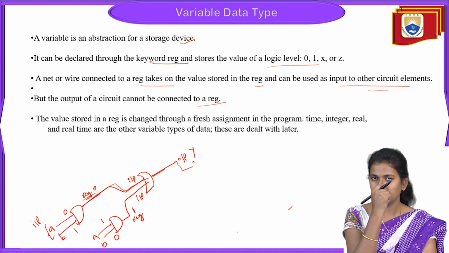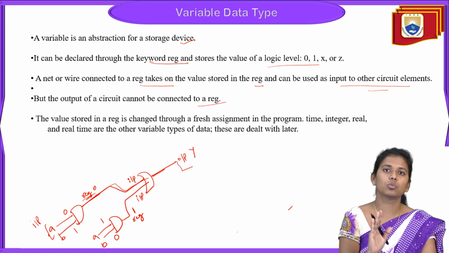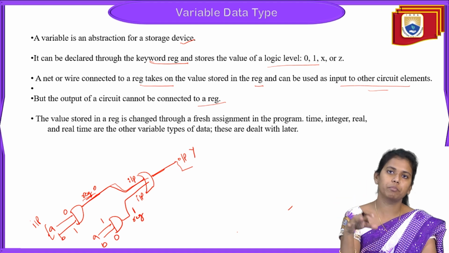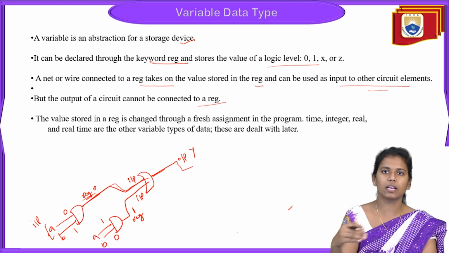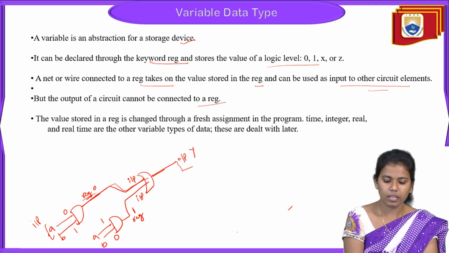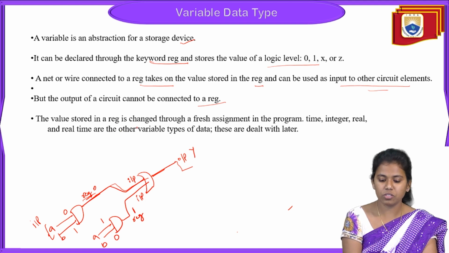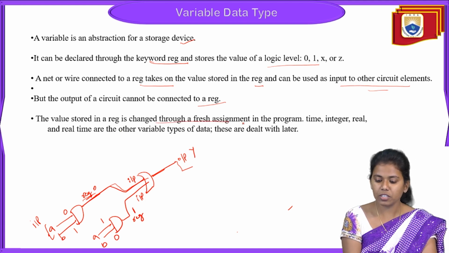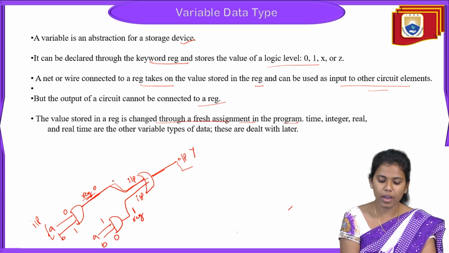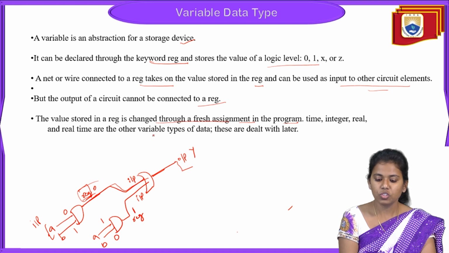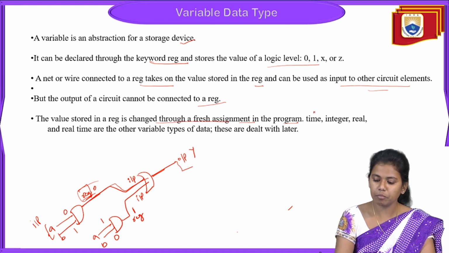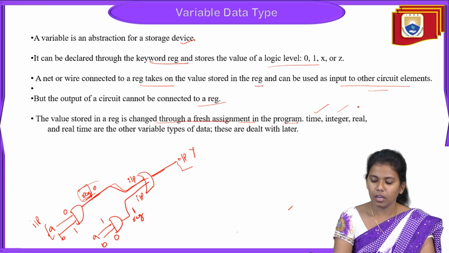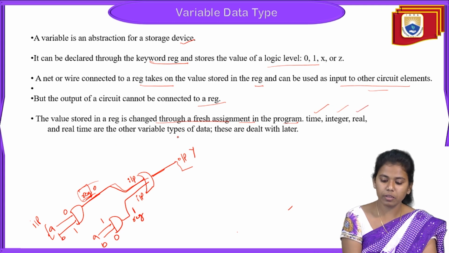The register is a keyword where we store that particular output information, but we cannot directly connect it to a register. Next, the value stored in a register is changed through a fresh assignment in the program. That is time, real and real time, and all other variable data types.